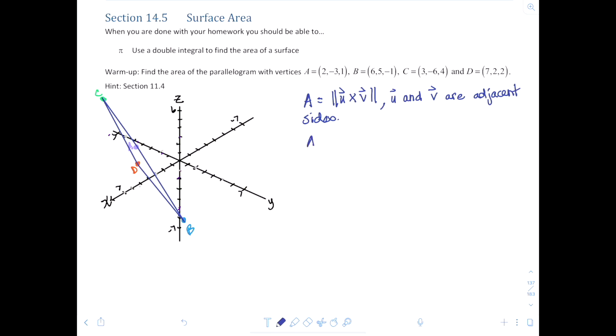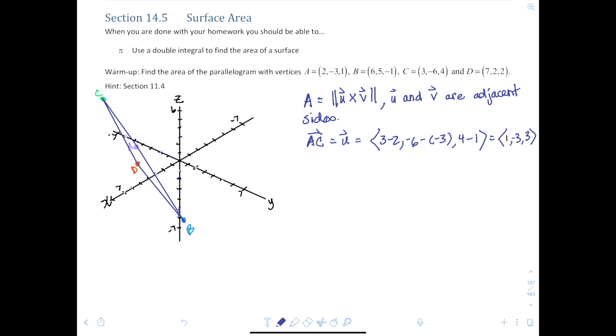So if AC is equal to U, that would end up being the vector 3 minus 2, -6 minus -3, and 4 minus 1, which is (1, -3, 3).